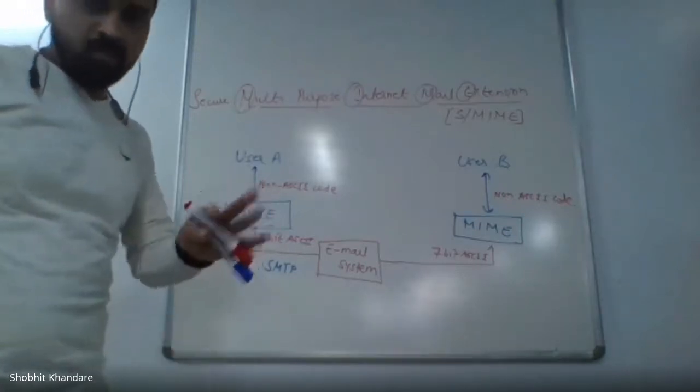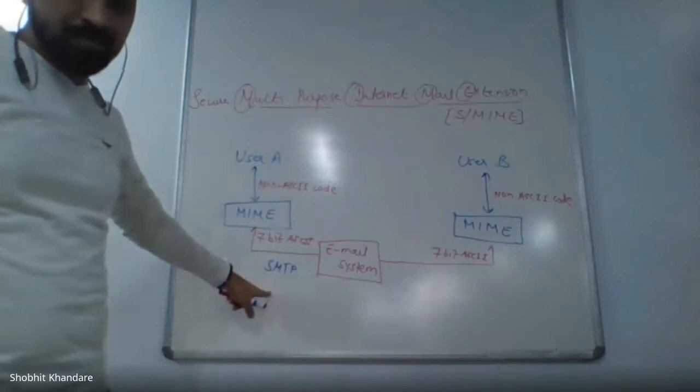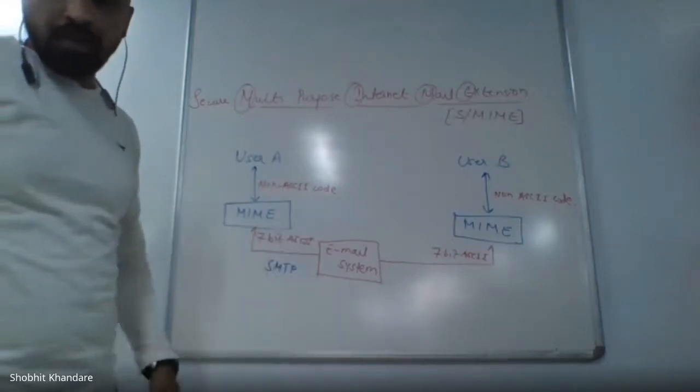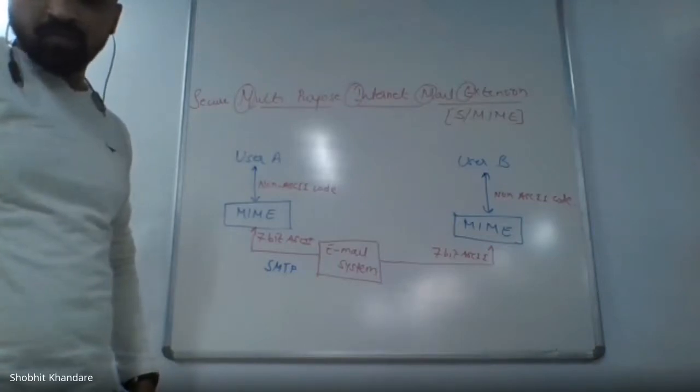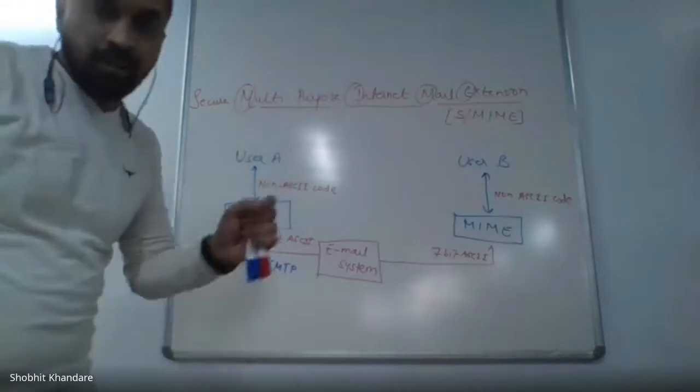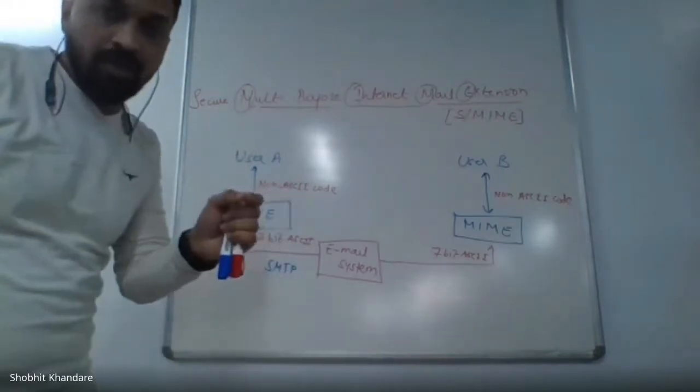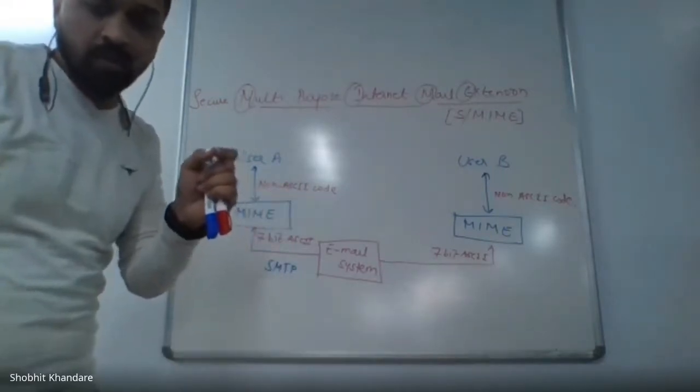MIME, please write down. If you have drawn this diagram, write down. MIME is a supplementary protocol that allows non-ASCII data to be sent through SMTP. Underline supplementary protocol. I am not saying it is an email protocol.